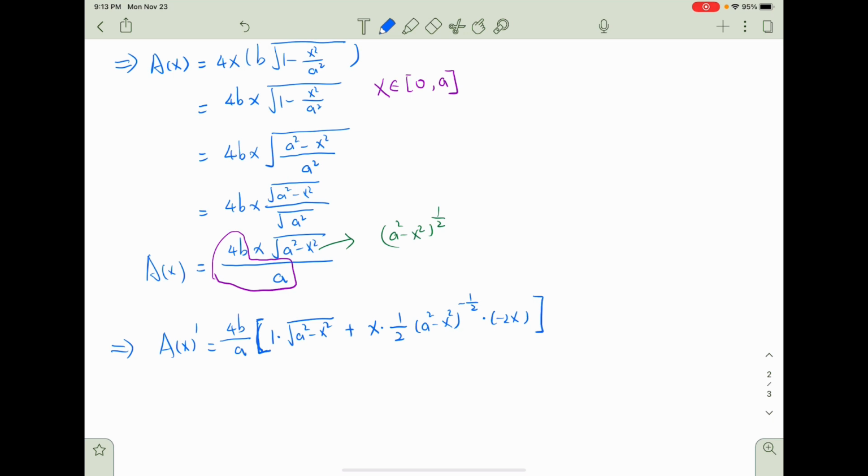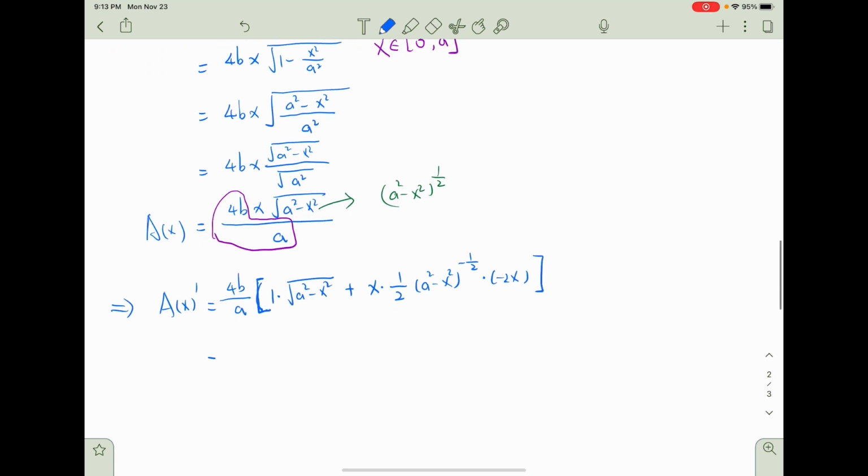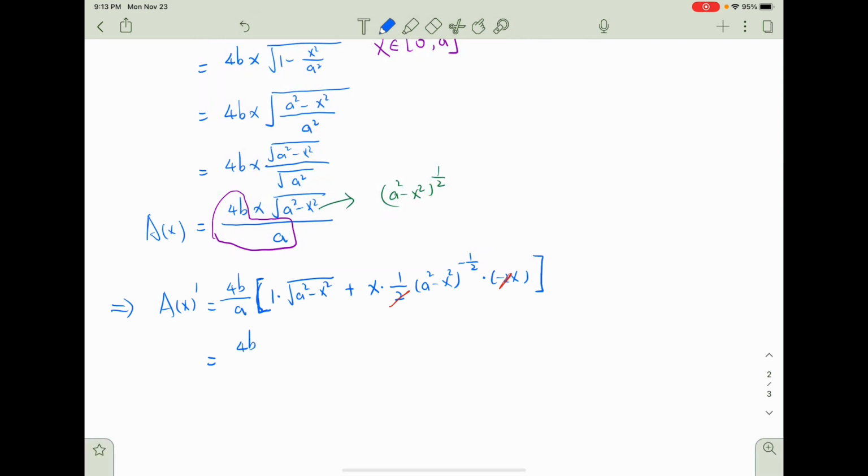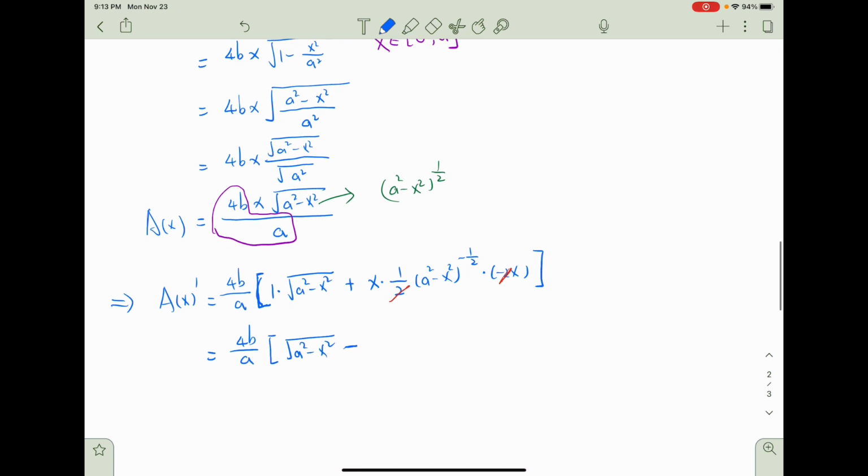Okay, and simplify this a little bit, right? This 2 cancels with this 2, right? And then we have 4b over a, times the square root of a squared minus x squared, plus, and there we have a negative sign, so actually this turns into a minus, right?